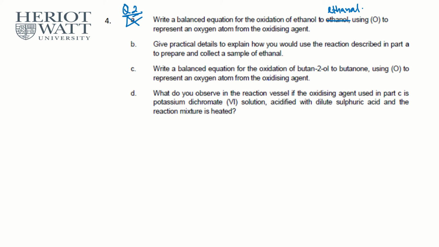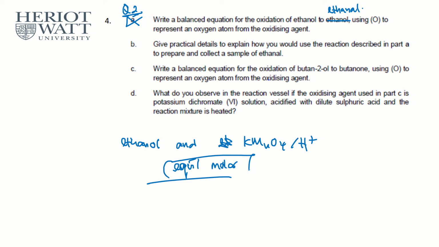So what practical details? You have to mix ethanol and acidified KMnO4 together in equal molar amounts. Equal molar meaning you put them in the same mole ratio, 1 to 1.